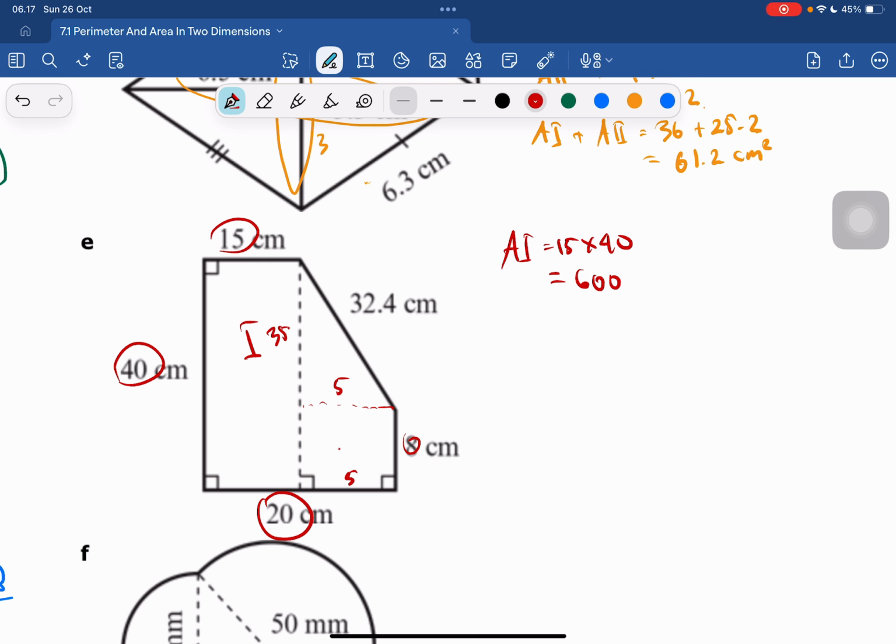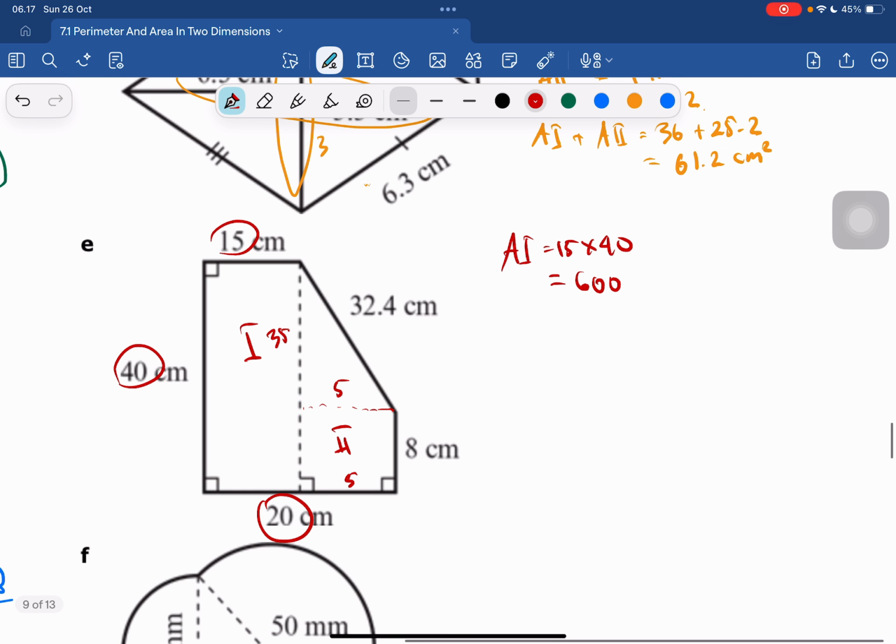Okay, we got the second first. It's a rectangle. So 5 times 8, which is 40, and then the third area is a triangle. So 35 times 5. No, not 35. 40, we minus 8, so it's gonna be 32.